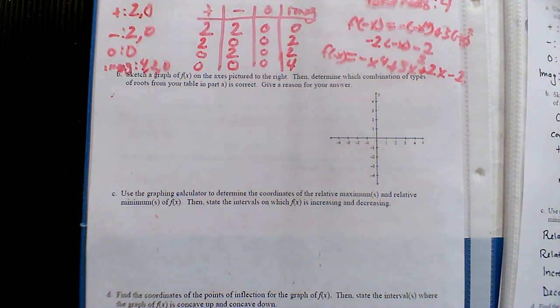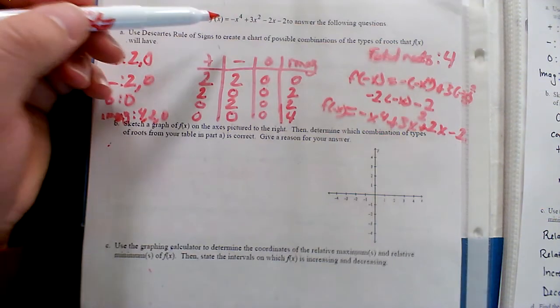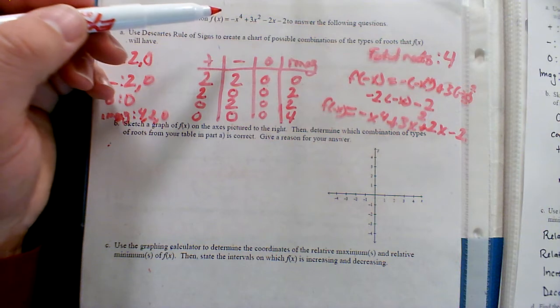So go ahead, get a calculator or share one with your partner. Put this function into your y equals button on your calculator, and let's go ahead and graph it.